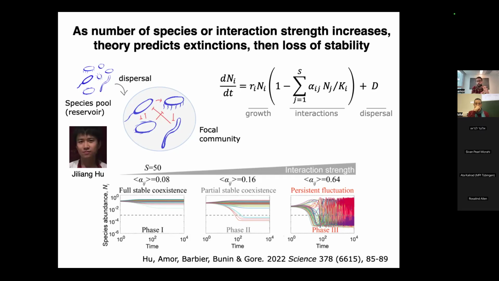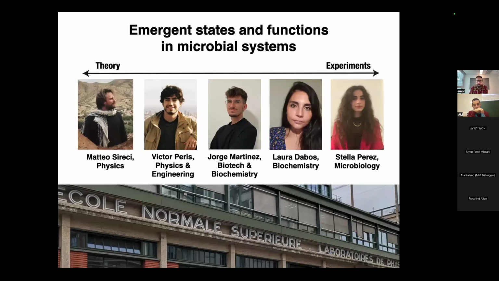So with this and the previous work that I discussed today, we lay our foundations to go into the responses of more complex communities. In these last 2 years, I built an interdisciplinary team of scientists with different backgrounds, going from theoretical physics to microbiology.